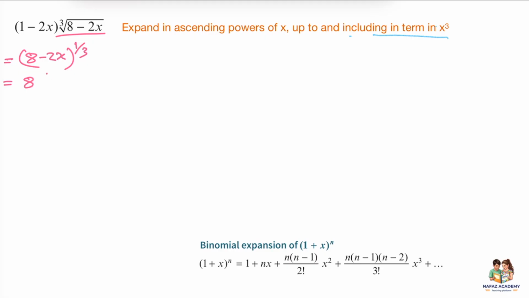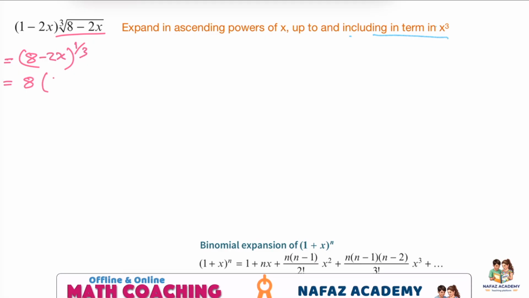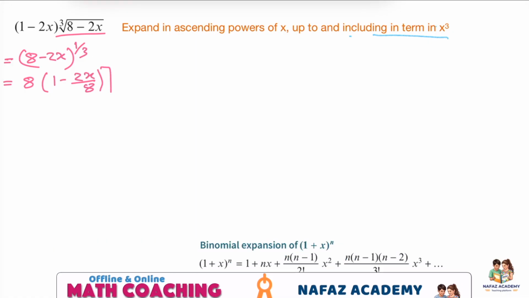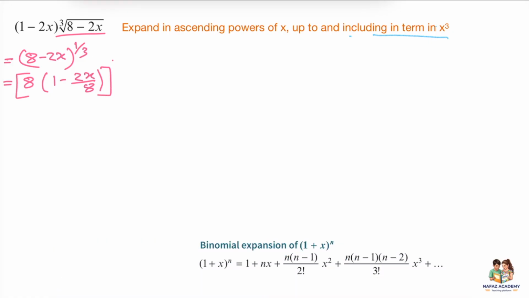There are two rules, but I use the one which starts from 1 plus x. But in your question, the factor starts from 8, right? But the rule says 1 plus. It must start from 1. So we have to take the 8 common to make it 1.